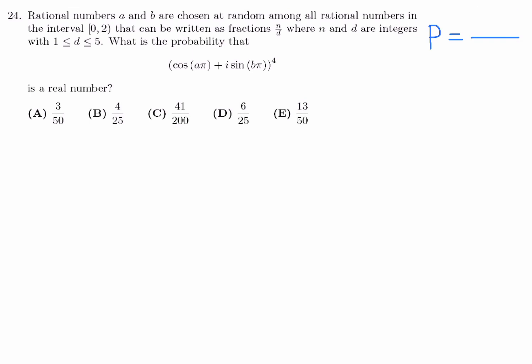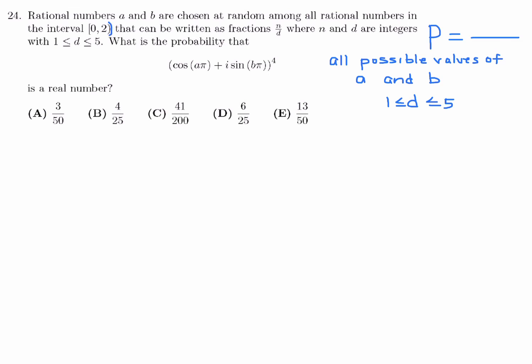So first we have to make out all the possible a's and b's. So all the possible values of a or b. Now keep in mind that d is between 1 and 5. So we have to make numbers so that they are between 0 and 2, but they have to be less than 2.